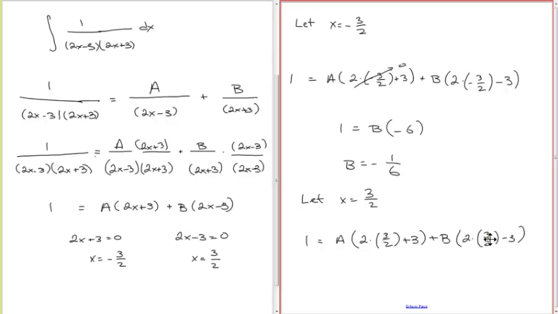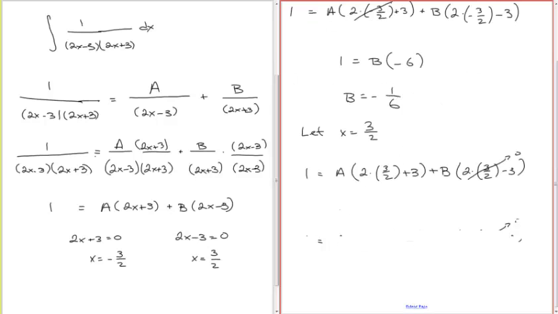This one's going to go to 0. The 2s cancel out, 3 minus 3 is 0, so this goes to 0. In this case, we get positive 6 in the parentheses. Therefore, a is equal to positive 1/6. So those are the numbers, a and b.